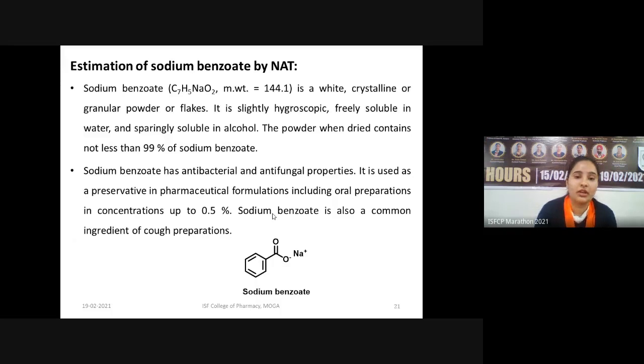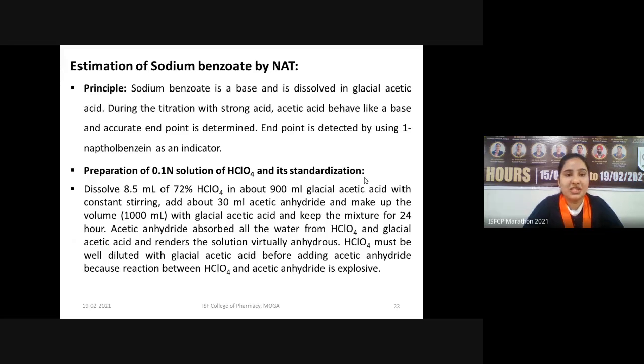And also it has antibacterial and antifungal properties. It is used as a preservative in the pharmaceutical formulations, including oral preparations, and its concentration as a preservative is up to 0.5%.